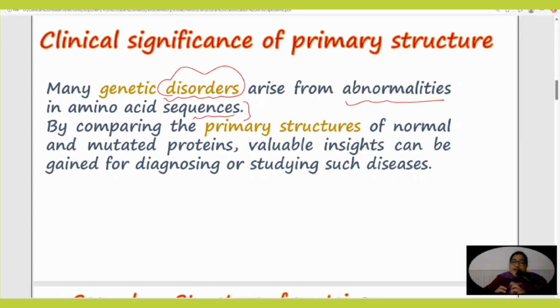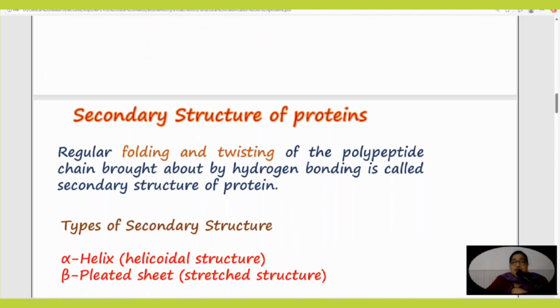So the primary structure is most suitable whenever it comes to comparing the structures of proteins through the amino acid sequence. All right, so yes, it holds a lot of value for diagnosing or studying genetic disorders. We just see the amino acid sequence present in the primary structure only.